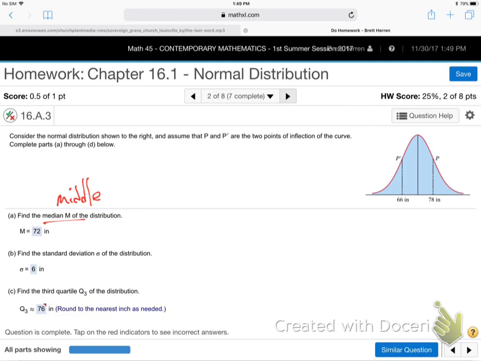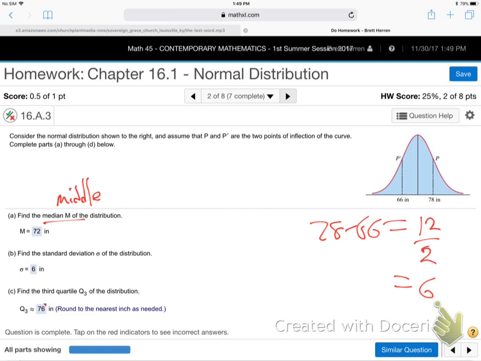Everybody with Johnny? That's a good idea, right? Got to find the middle of the 66 and the 78 because that'll be the middle of the whole thing. So how do we find the middle of the 66 and the 78? Subtract and divide by 2. Is that right? 78 minus 66 be what? 12 divided by 2, 6. Add it to 66 or subtract it from 78. Good job. That'll work. That's one good way to do it.